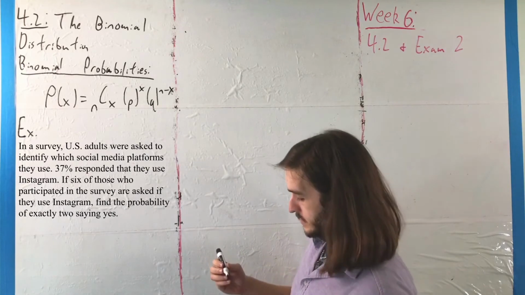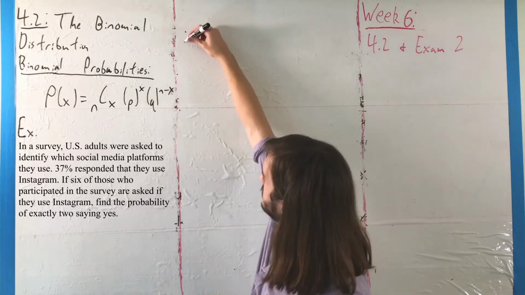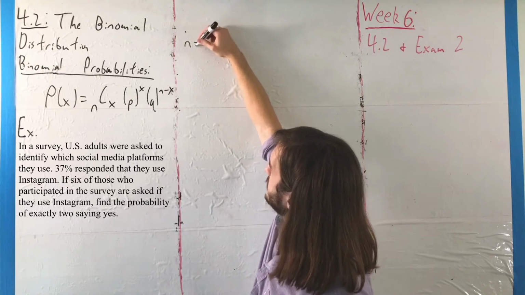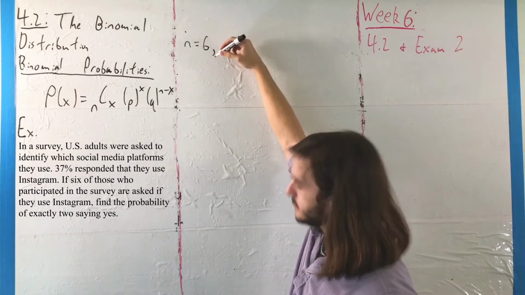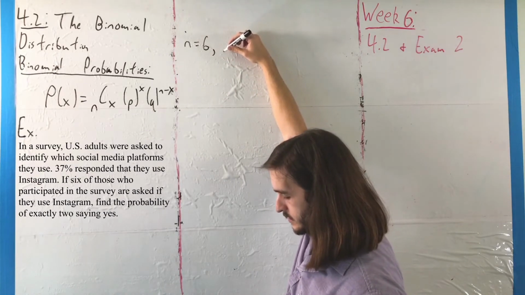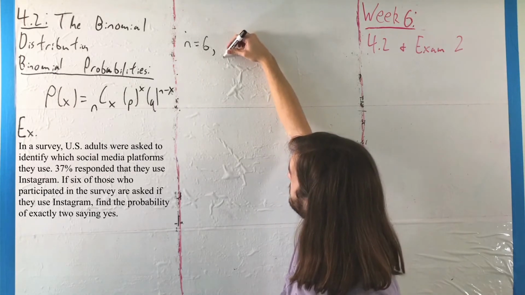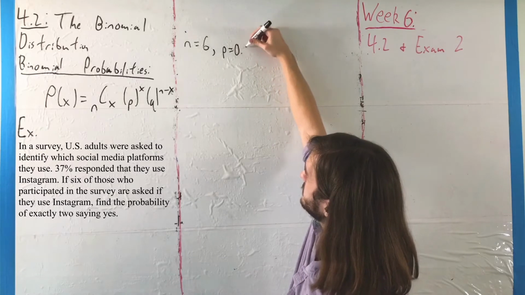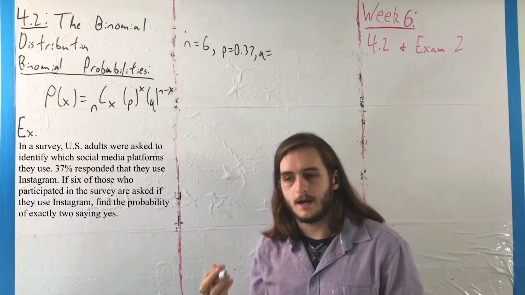Here, we're talking about 6 people in a survey. So our number of trials here is n equals 6. And we're told that 37% use Instagram, where we are looking specifically for people that do. So p is equal to 0.37, which means that q, that is someone not using Instagram, is 0.63.